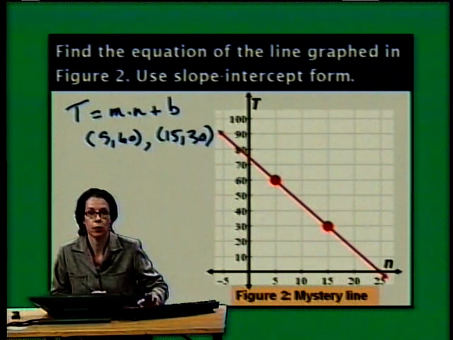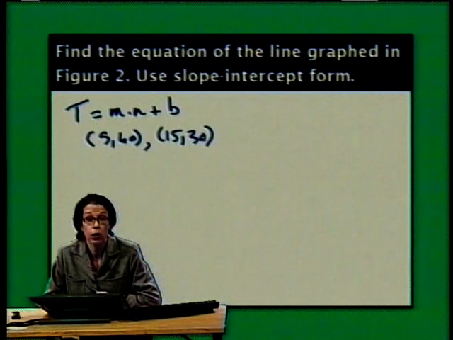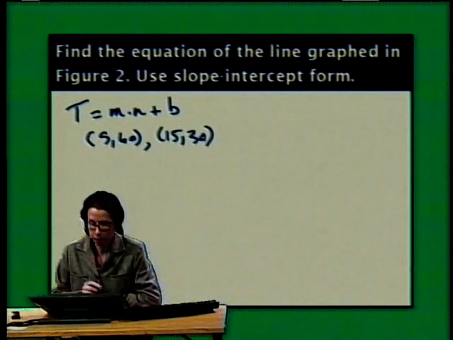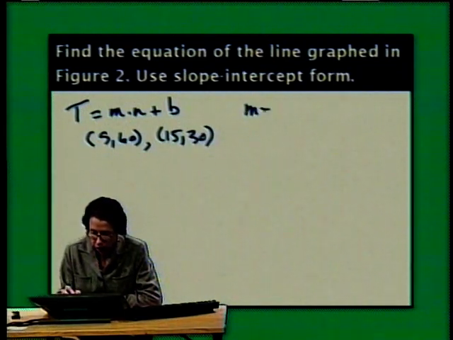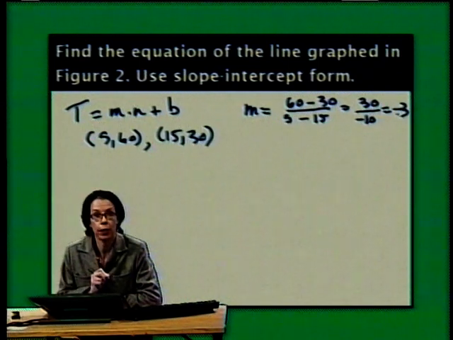Well, let me give myself some room to work here. I can calculate the slope using the 2 points. So let me do that first. The slope is going to be the difference in the t values over the difference in the n values. This is 30 over negative 10, which is negative 3.